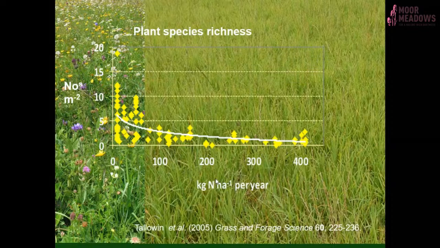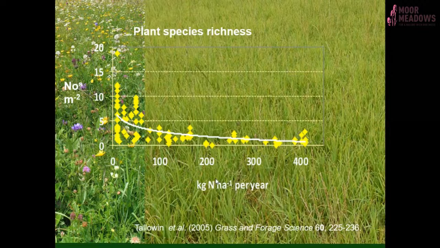Okay, I said in my plan of the talk, I was going to talk about some of the constraints on maintaining or creating plant species richness within grasslands. And this graph shows you on the left-hand axis is the number of species per meter squared. That's a standard that botanists generally use for measuring diversity in grasslands.